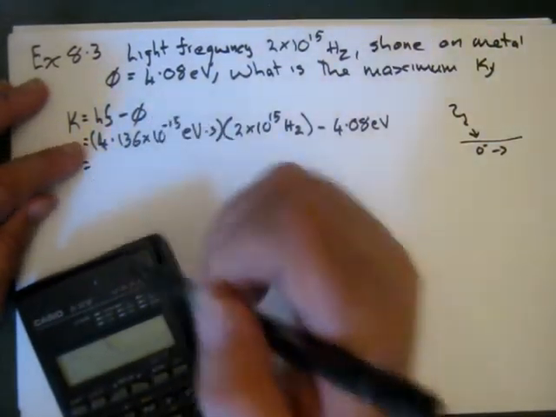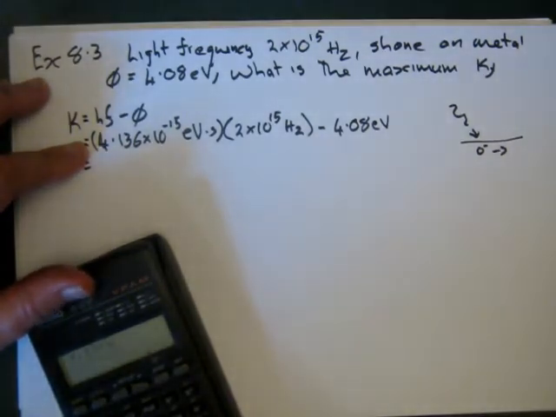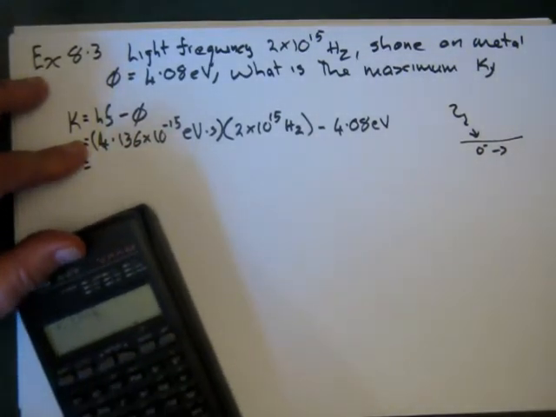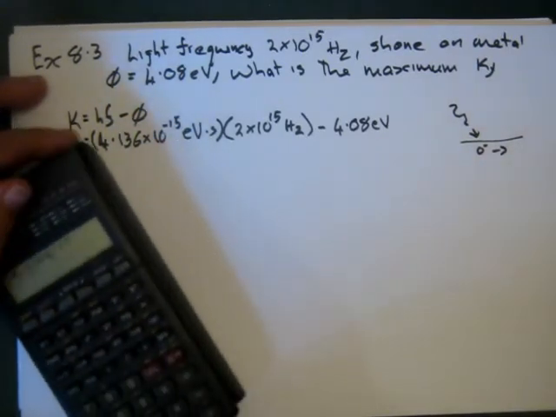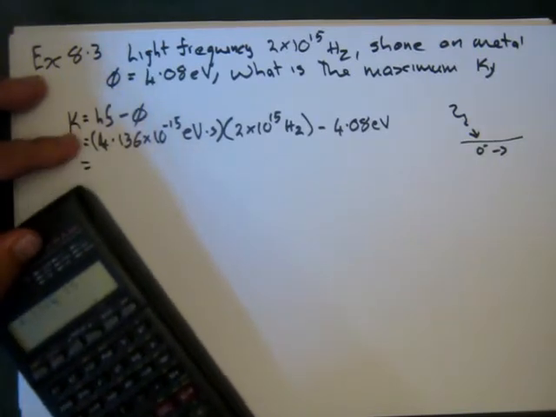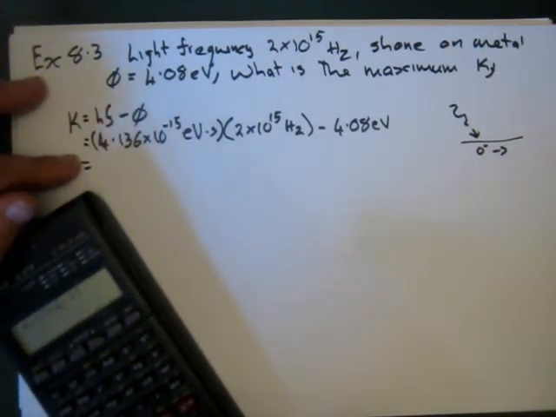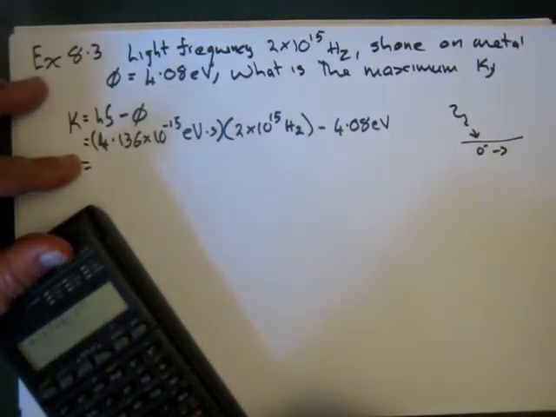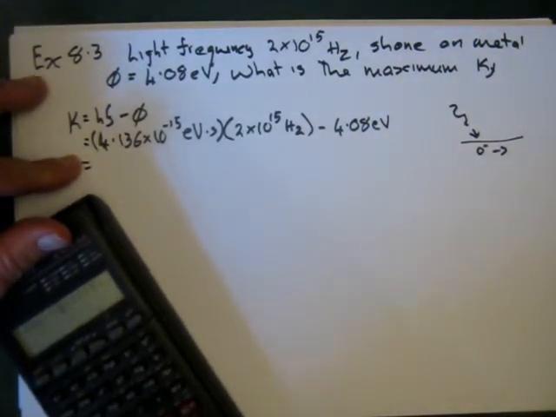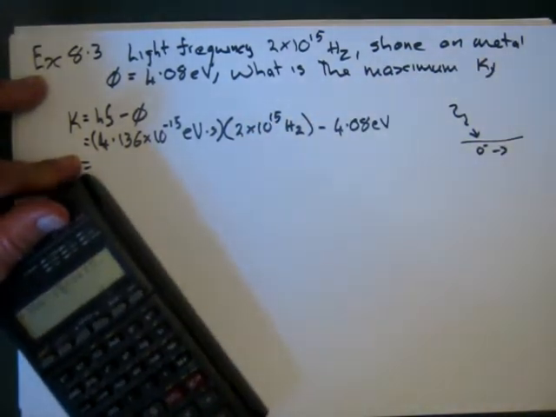So if we work out this bit here, 4.136 x 10 to the negative 15, I cannot stress to you the value of the exponential key. It saves a whole lot of typing, and it means we don't have to put brackets around these numbers. Times 2 x 10^15.